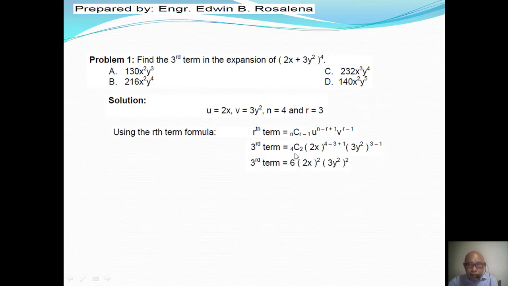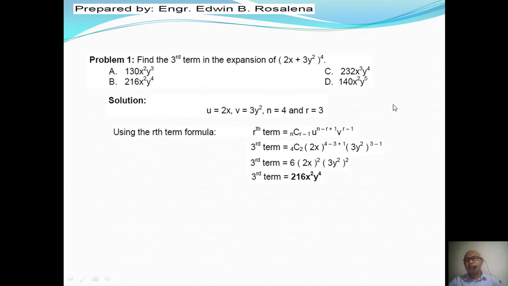Ito na yun, ha? 4c2 is 6. Kindly check in your calculator, ha? Then 2x to the power 2, 3y squared to the power 2. Then combining and raising the coefficients to the power, we obtain the third term here. So 216 x squared y to the fourth.